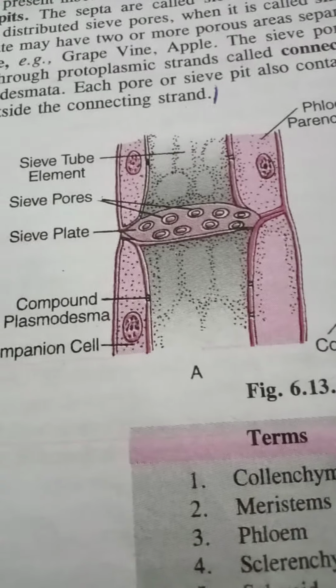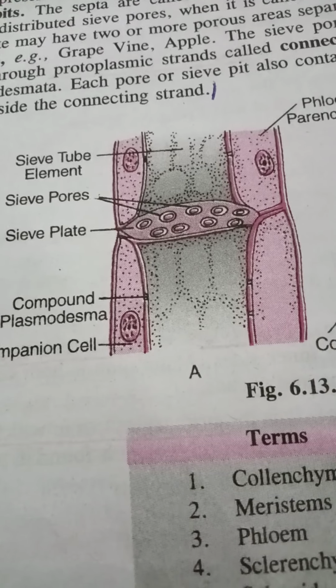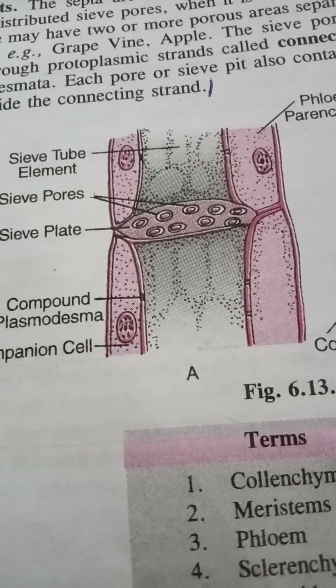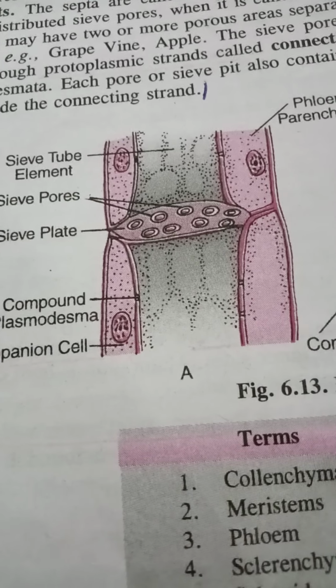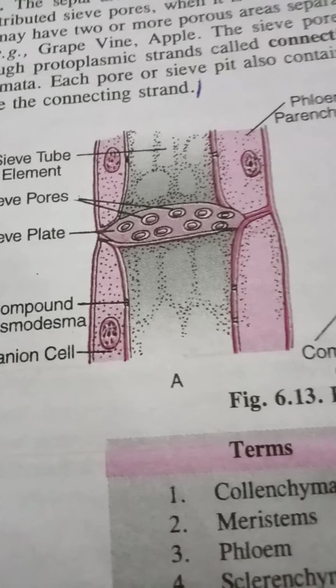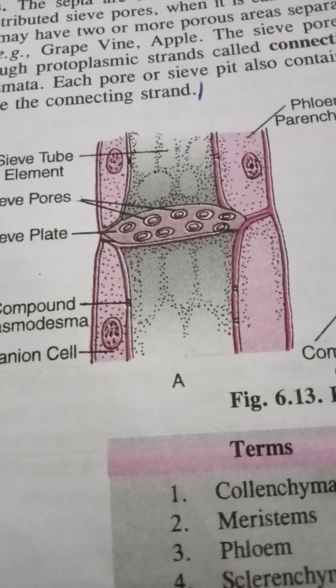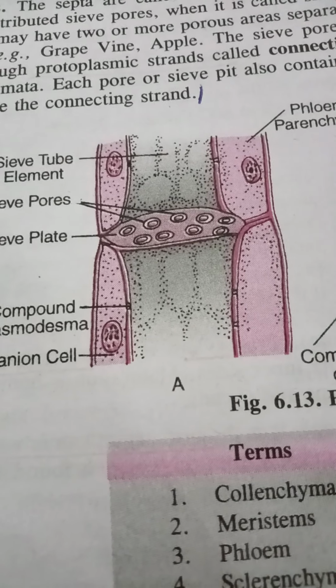So sieve elements and the companion cell develop from the same mother cell. Here the cells are nucleated and the cytoplasm is rich in ribosomes, mitochondria, plastid, endoplasmic reticulum, etc. Their main function is conduction, plus they help to maintain the pressure gradient in the sieve tubes.